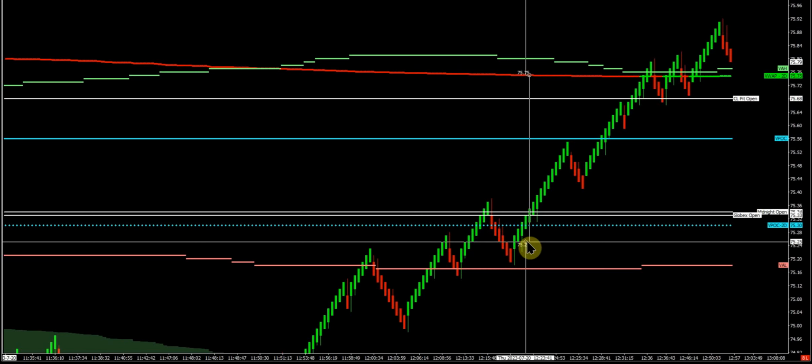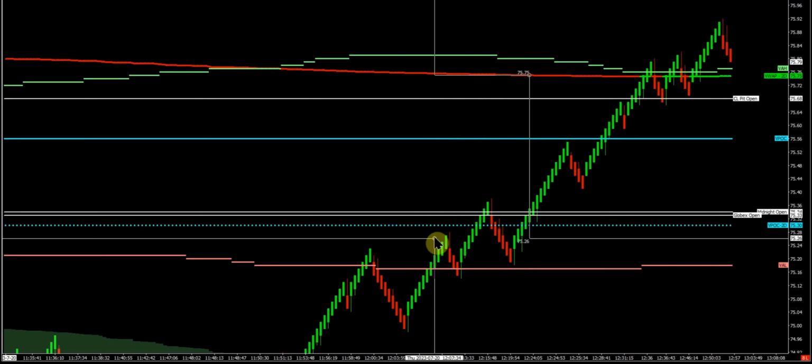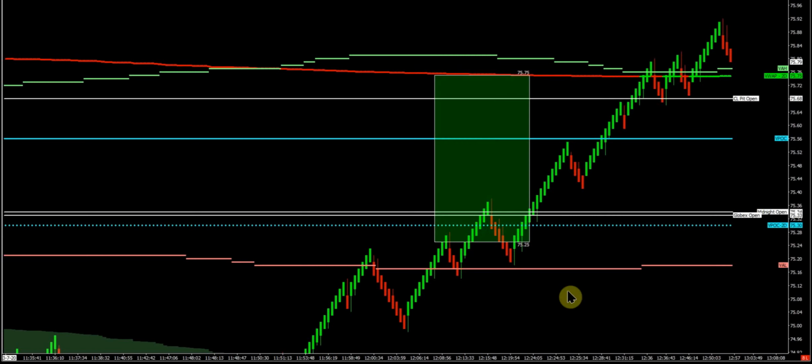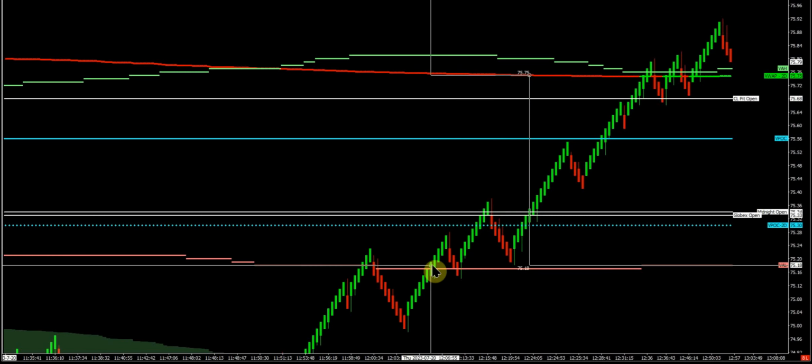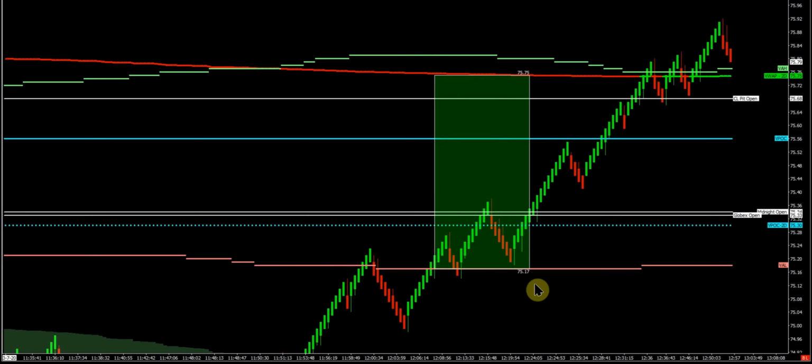So anywhere in here, there's your level. Come back, pull back, you could go long here. If you went long there, there's your 75.17 to 75.75. That's over a $500 move.